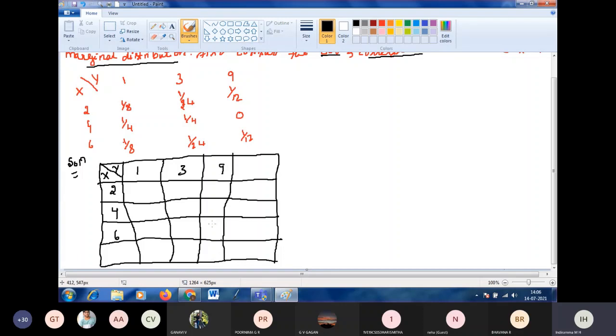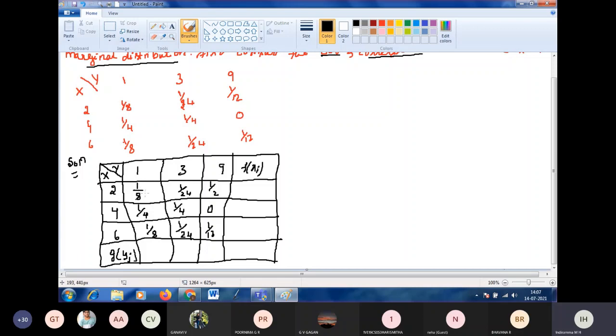There are 3 to 4 marks for the table. So 1 by 8, 1 by 24, 1 by 12. Next 1 by 4, 1 by 4, 0. Next 1 by 8, 1 by 24 and 1 by 12. So this is f of xi, and this is g of yj.